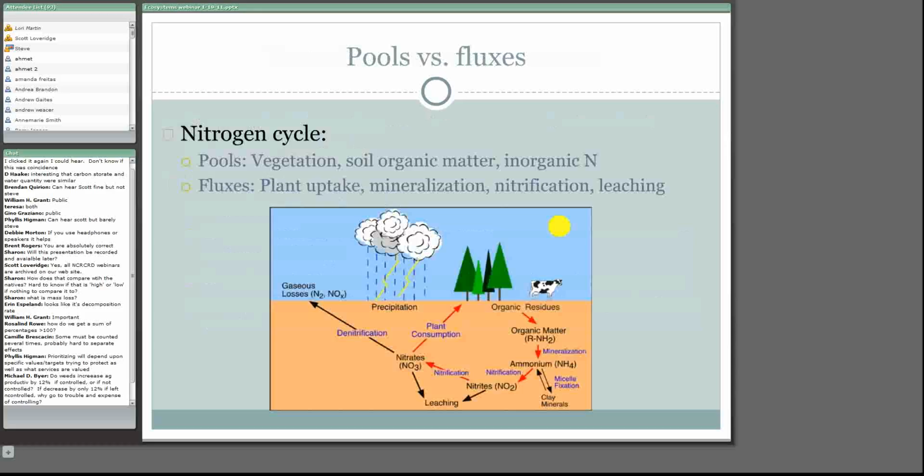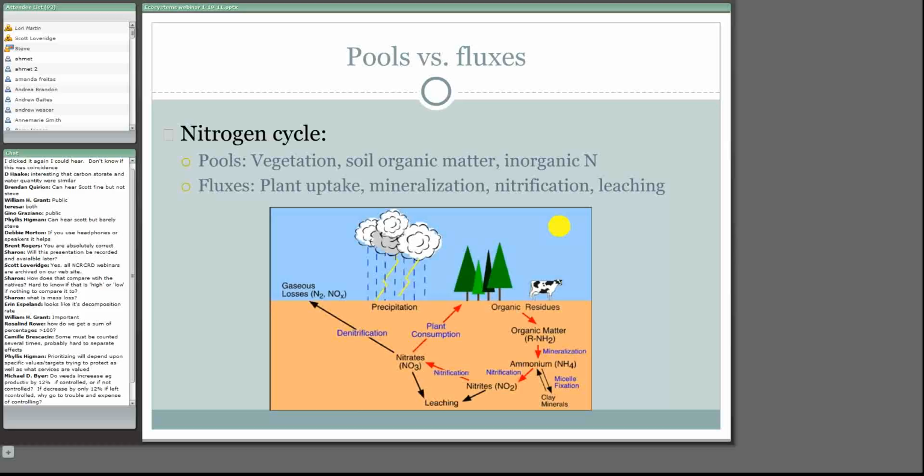In this case, minerals, soil organic matter, and then the different things that occur following the result of those pools, whether it's mineralization, nitrification, or leaching. So these effects are dependent on the plant and the legacy it leaves.